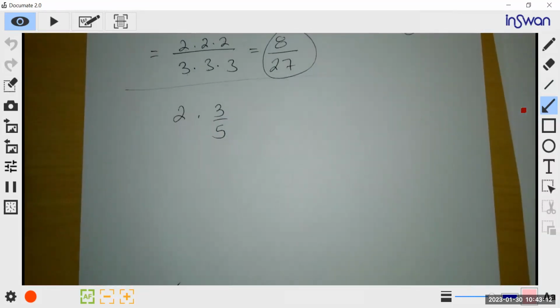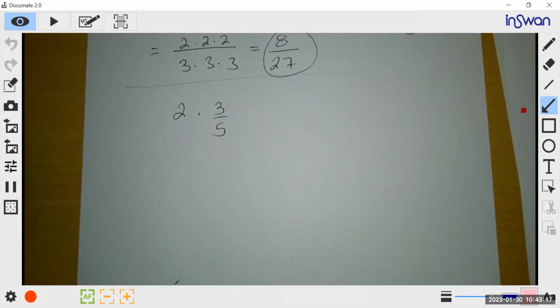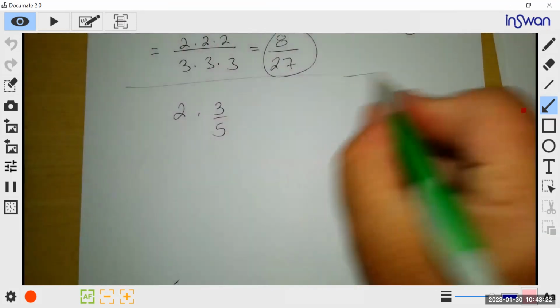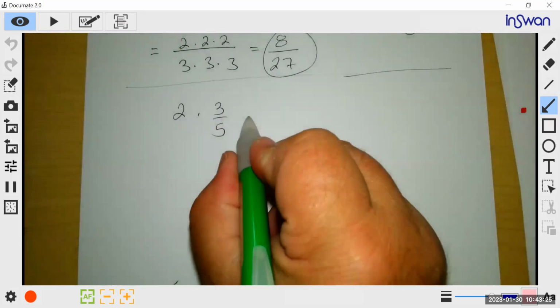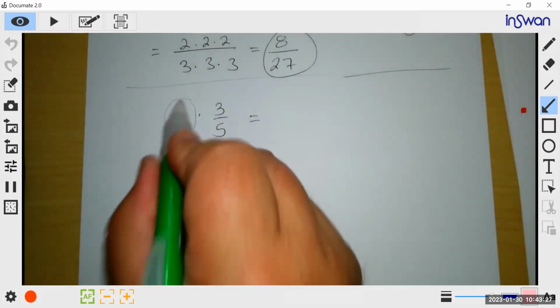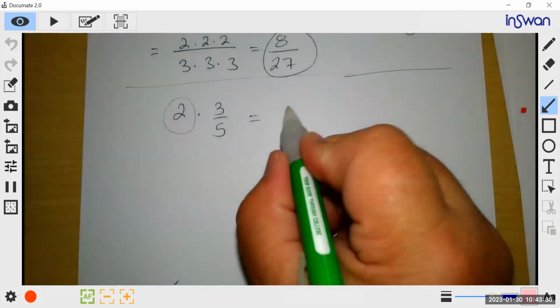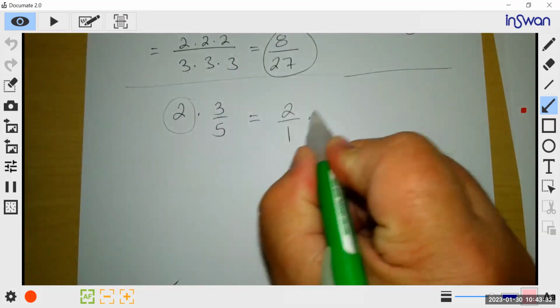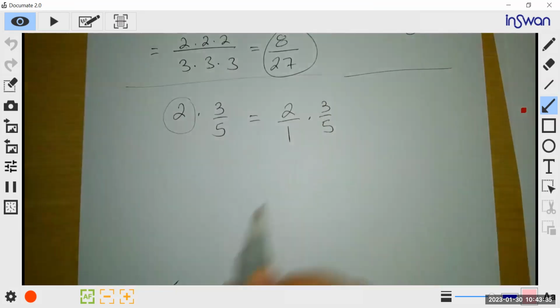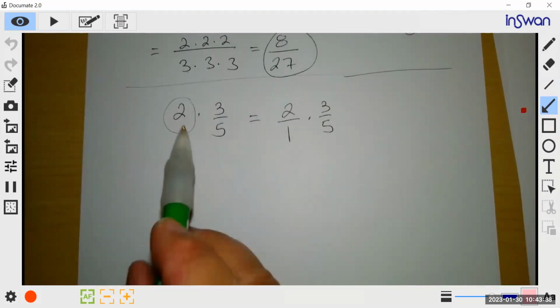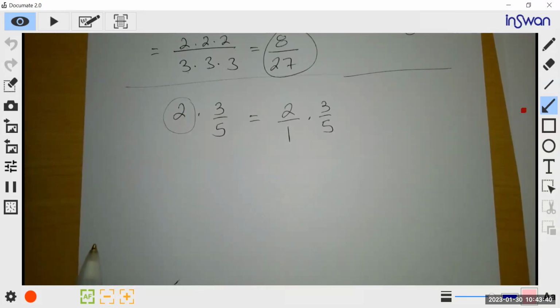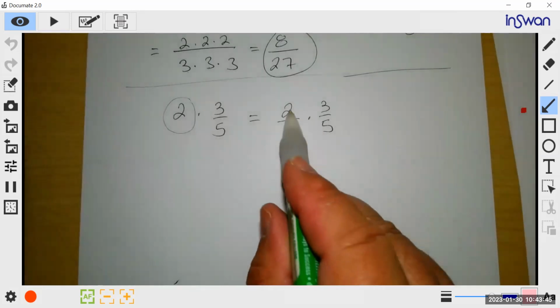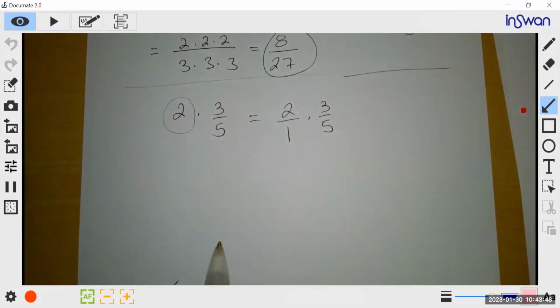Multiplying whole numbers times fractions. The first thing you have to do is make this number into a fraction. Every integer is divided by 1. It has a 1 beneath it. So can anything on top cancel with anything on the bottom?